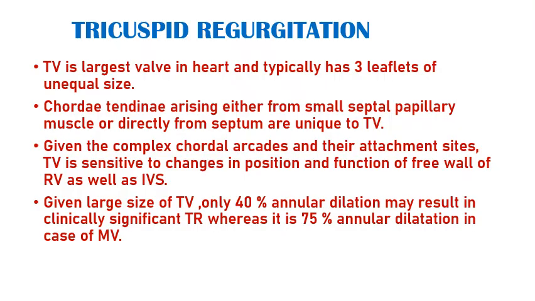Given the complex chordal arcades and their attachment sites, the tricuspid valve is sensitive to changes in position and function of the free wall of the right ventricle as well as the interventricular septum. Given the large size of the tricuspid valve, only 40% annular dilatation may result in clinically significant TR, whereas it is 75% annular dilatation in cases of mitral valve.